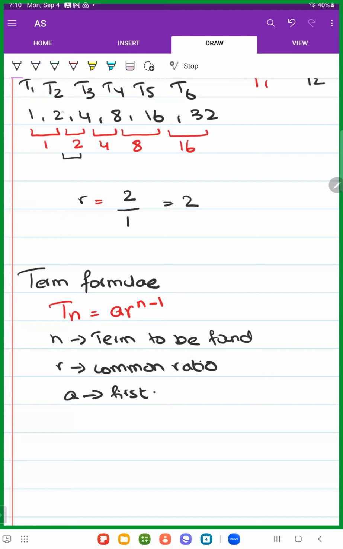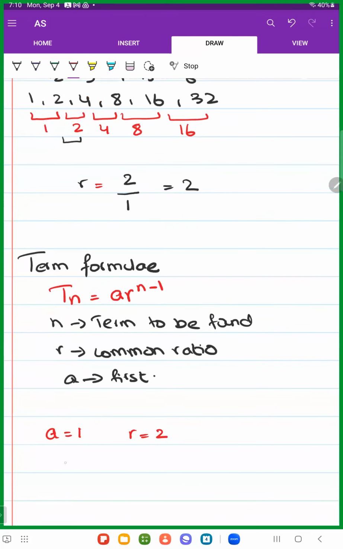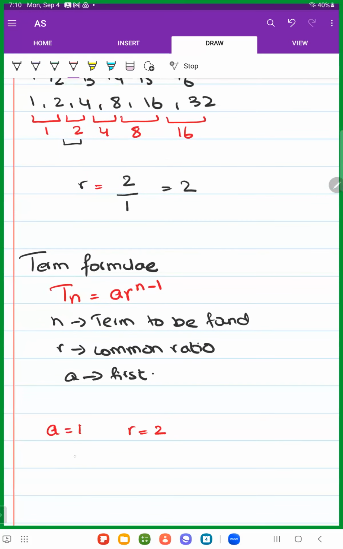How will I find that? I know my A is 1, my R is 2. The common ratio will stay the same. If I want to calculate the common ratio, I can use multiple methods. I can do T2 over T1, which is 2 over 1, or T3 over T2, so 4 over 2 is also 2.